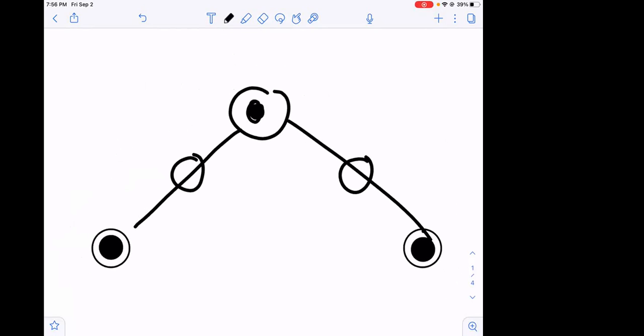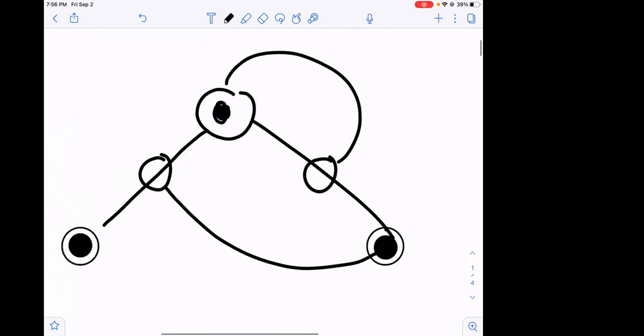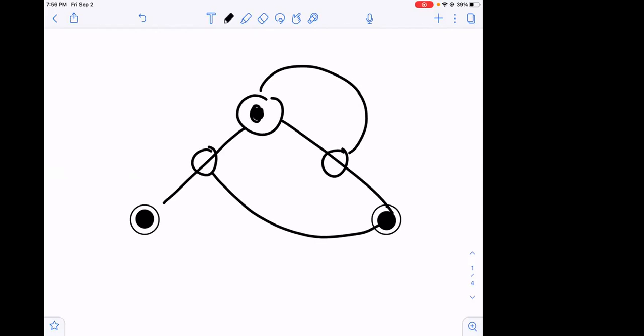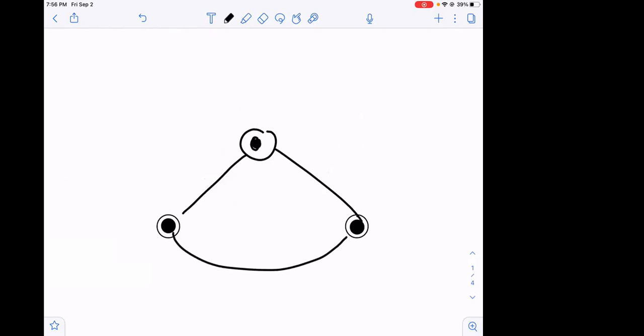So that means that we can just connect these, connect these, connect this one, which will form something like that. And if we continue on, then eventually one side will win, either player 1 or player 2.